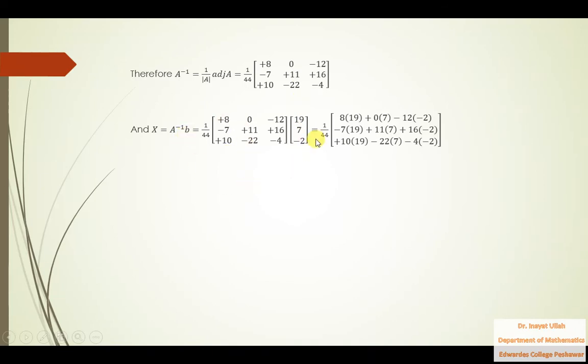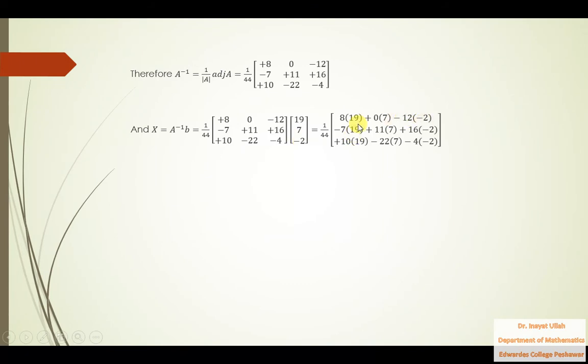Now multiplying these two matrices, how could we multiply? First row with this first column: 8 into 19, plus is in the formula, 0 into 7, then plus is in the formula, 12 minus 12 into minus 2.